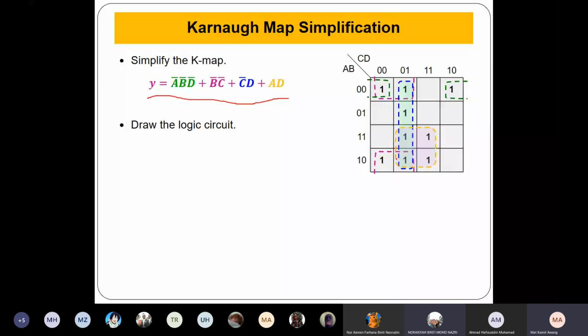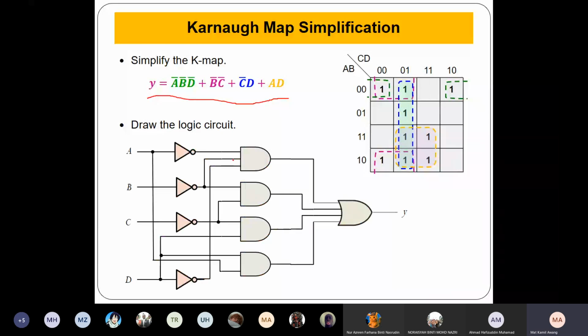The yellow one is A and B. And the green one is A bar, B bar, D bar. So this is the simplified expression that you have. From this simplified expression, then you draw the logic circuit. That is the logic circuit that you need to draw.